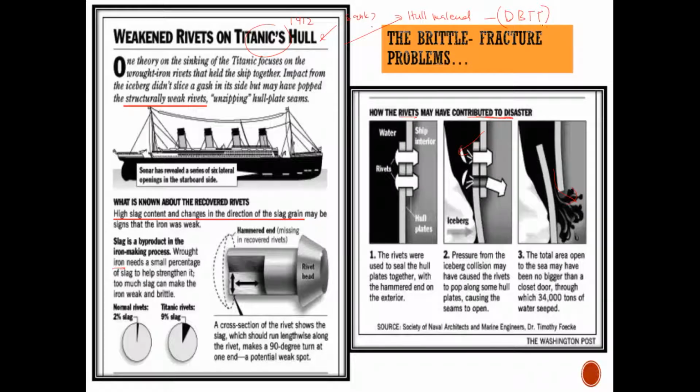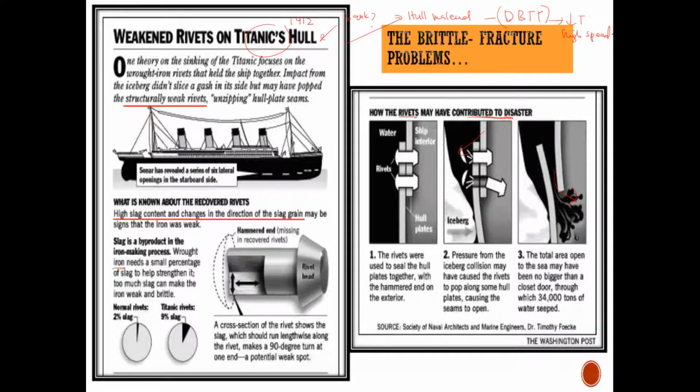What happened that night? On the night of the Titanic disaster, the temperature was actually below freezing. That is really, really cold, and the Titanic was actually traveling at high speed.